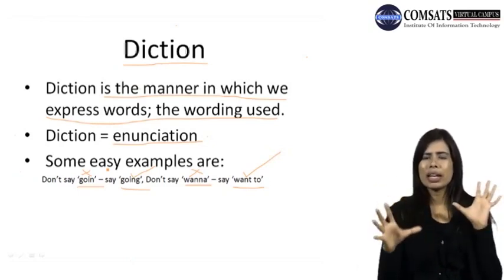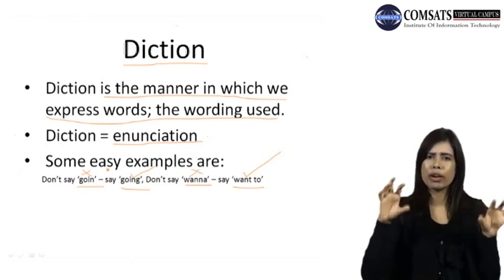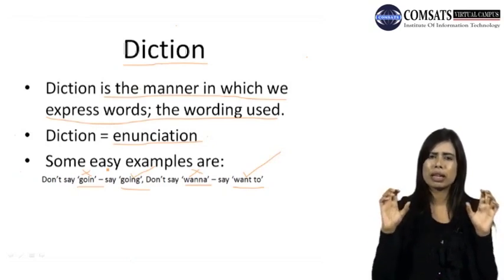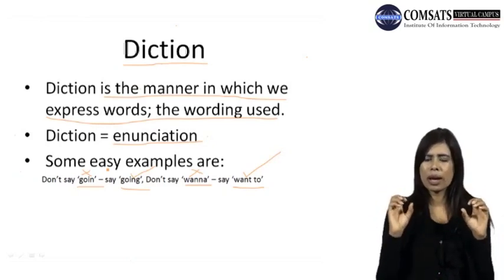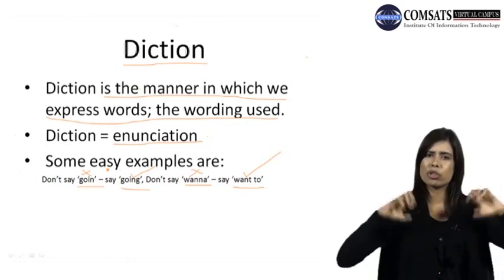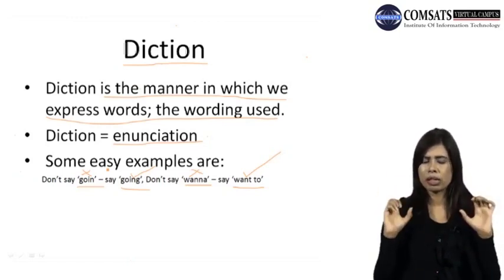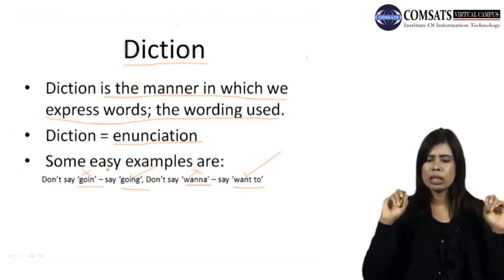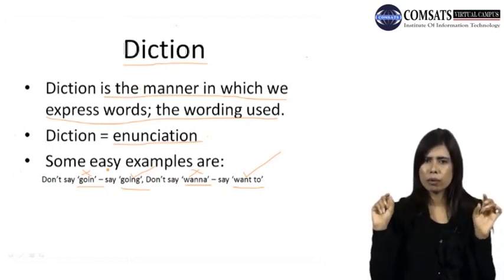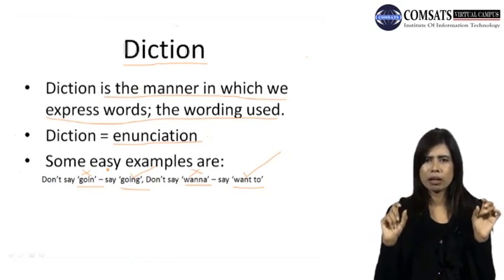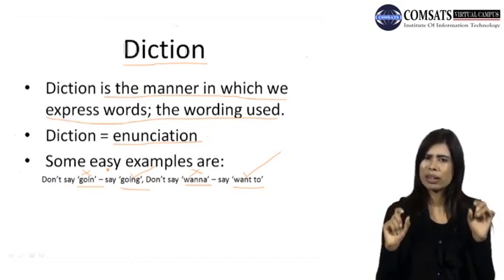So while writing any kind of work, you have to avoid these casual expressions. Why? Because you have to use standard language while producing anything. So do not say wanna, say the proper words, that is want to. And this is the American version of the word as well.